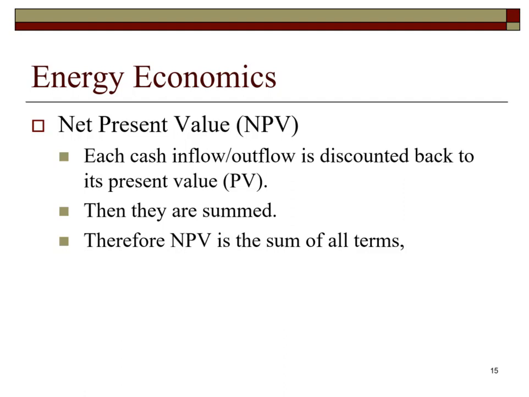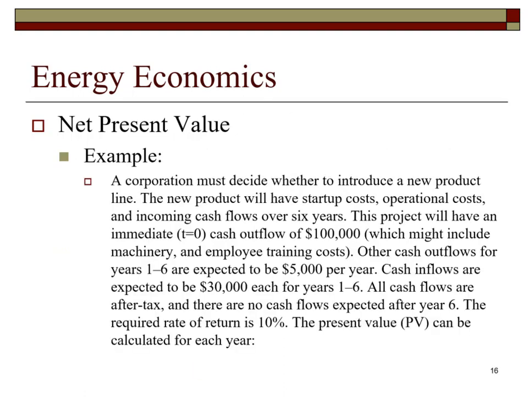The net present value is simply the sum of all the individual cash inflows and outflows discounted back to their present values. An example is given here. There's an initial $100,000 investment made. The results are inflows of $30,000 per year and outflows of $5,000 per year, for a net annual cash flow of $25,000.